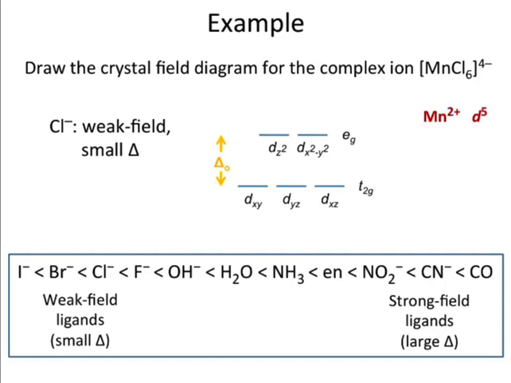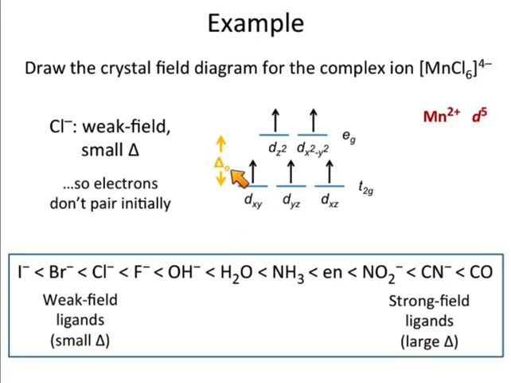So instead of pairing, the electron will reside in the higher energy state because it's overall lower energy. It's kind of weird to think of. But anyway, the energy to pair these is more than the energy to promote them. And so as we put our 5 electrons in, the 4th and the 5th electron go in the higher energy state because that's overall lower energy than pairing them down here.